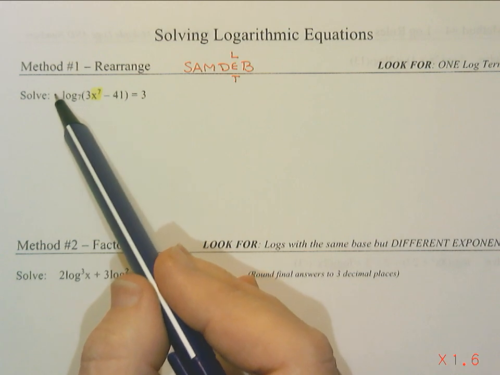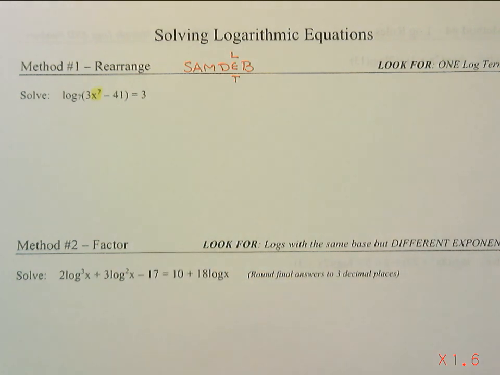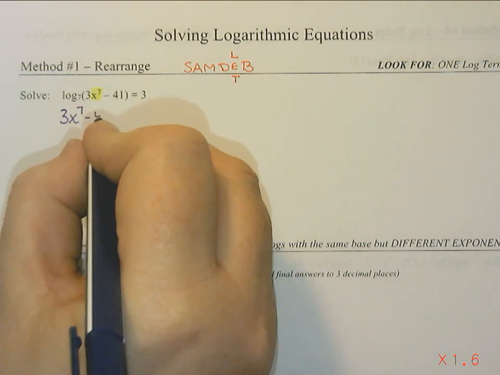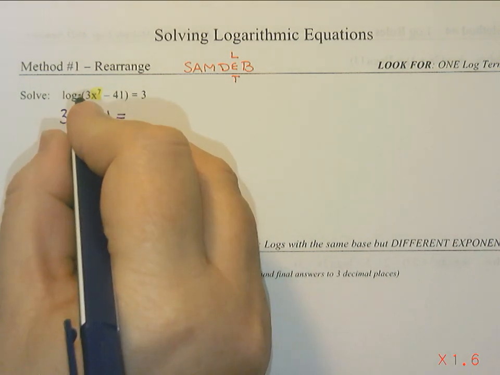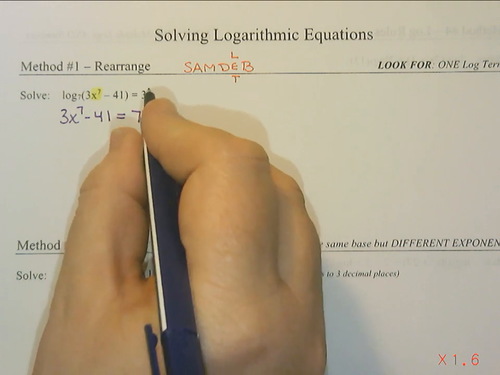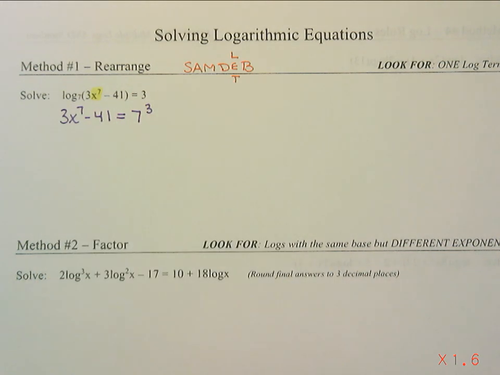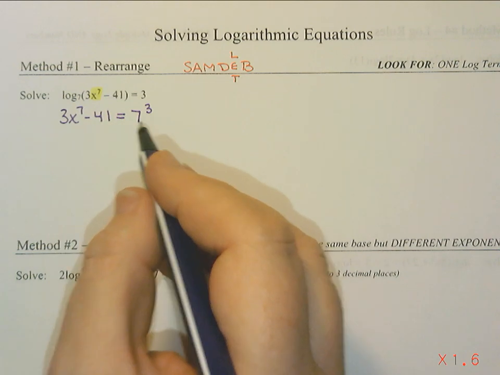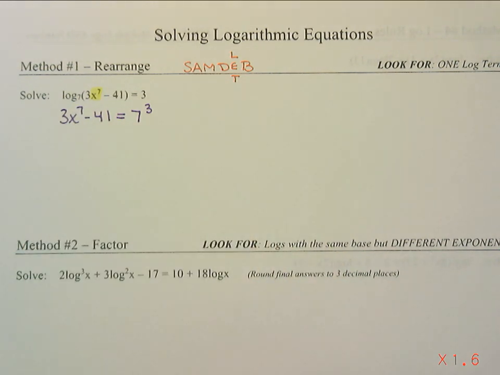So we are going to eliminate that log base 7, and we do the inverse operation of a log base 7, which we said the other day was a power with a base of 7. So 3x^7 - 41 is going to be 7 to the power of 3. When I take it to the other side, it still stays the base. It just changes to a power instead of being a log.